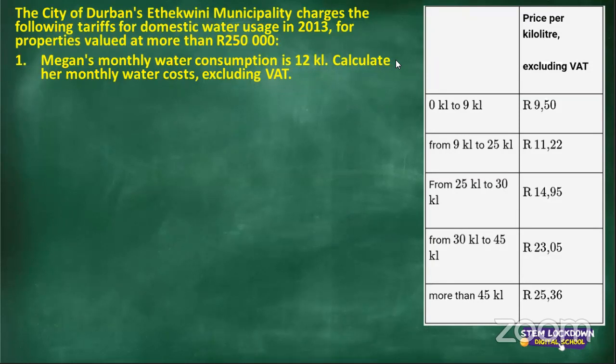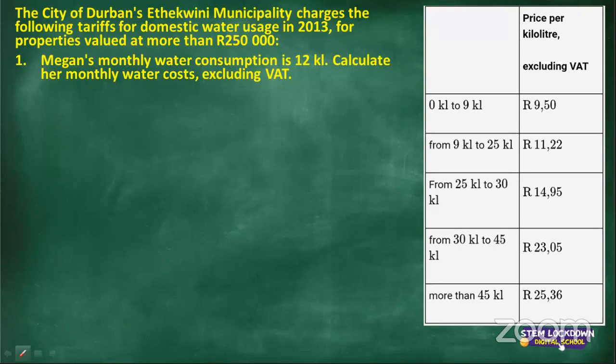A house in Soweto wouldn't cost the same as a house in Sandton. Megan's monthly water consumption is 12 kiloliters. Calculate her monthly water costs.